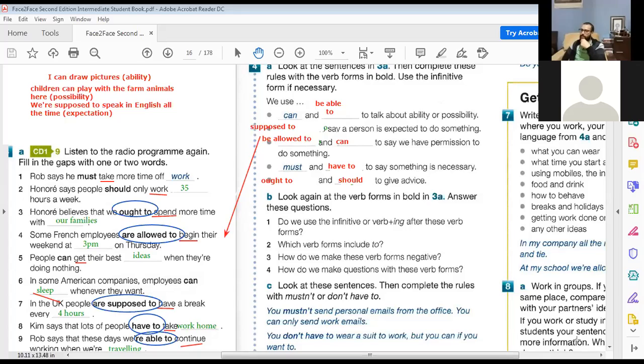But how can you make it into a question? I can't remember. I know what it is, but I forget it. Because logically, they're from the same family as can. They're modal verbs. So maybe they should.